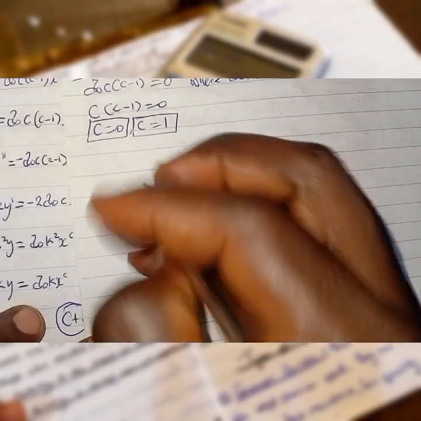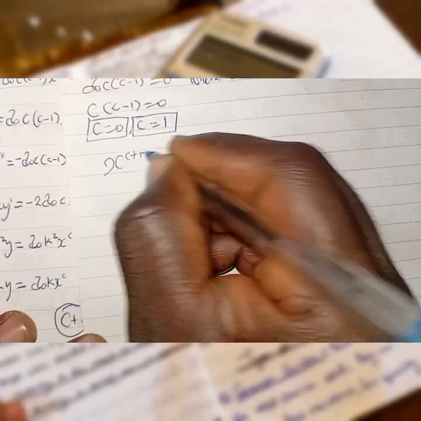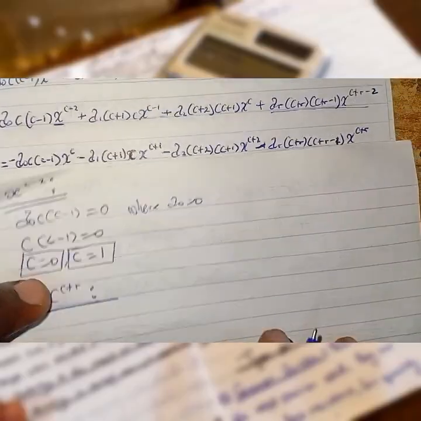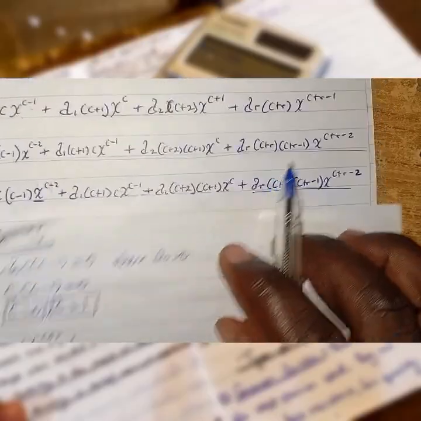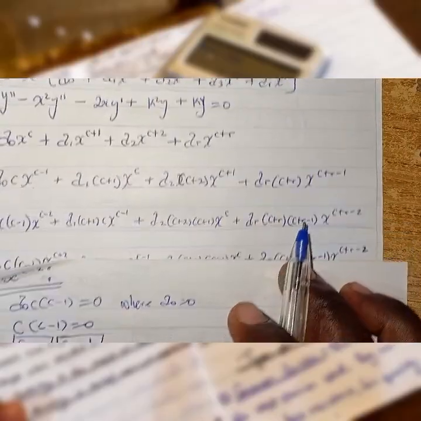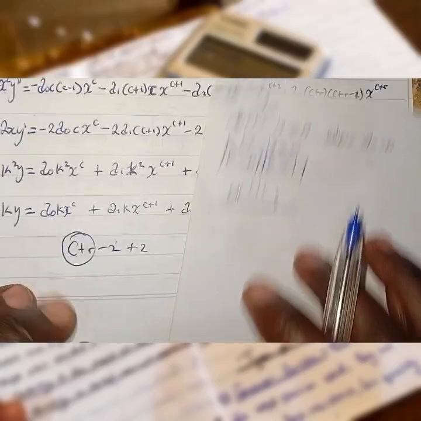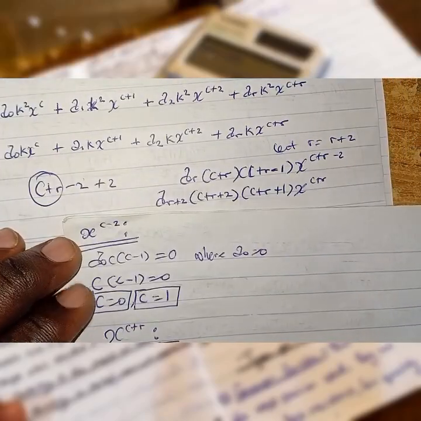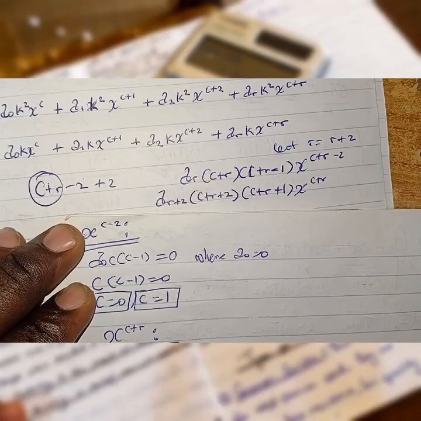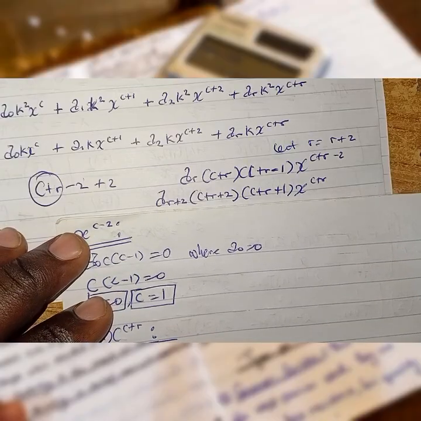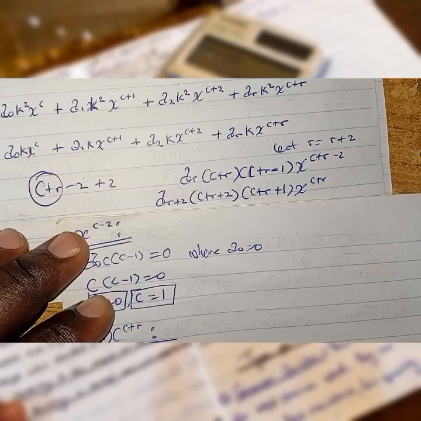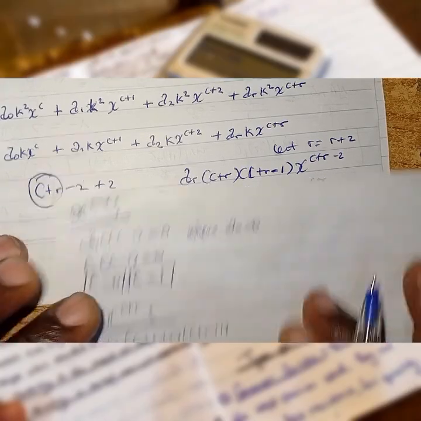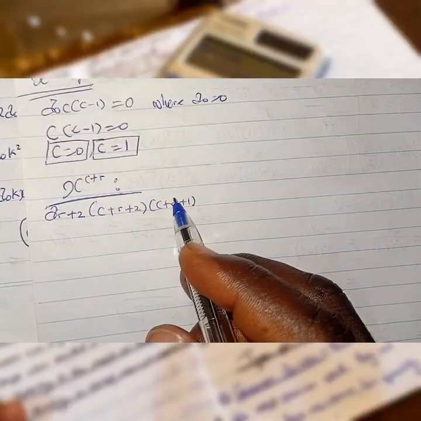So the next thing is to take out the coefficient of x raised to power c plus r from the first equation, which is what we just wrote here now. So we're going to write it out. We have a sub r plus 2, remember, it's a subscript, c plus r plus 2, c plus r plus 1. This is what we have from the first one.